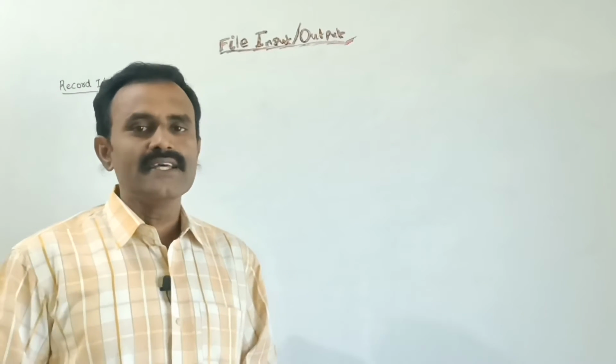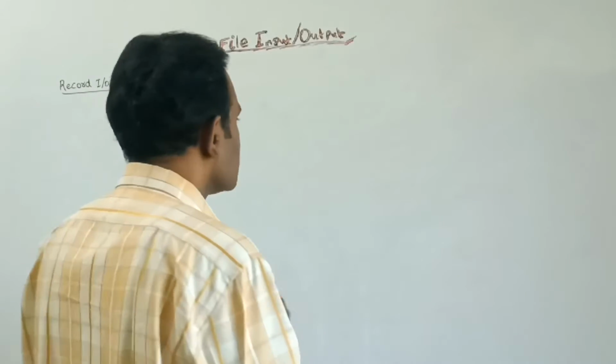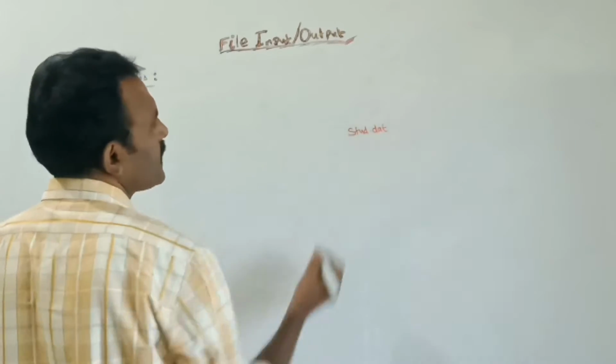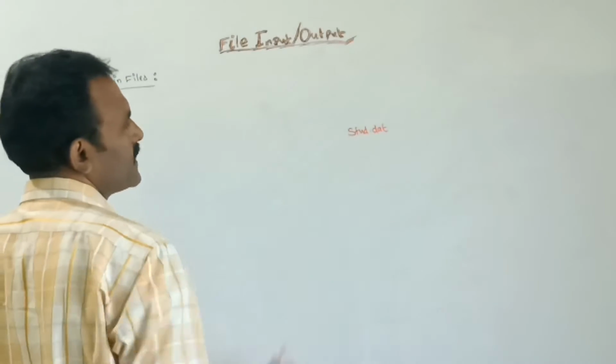Now let us see. For example, let us assume this file name is stud.dat, that is the student details file.